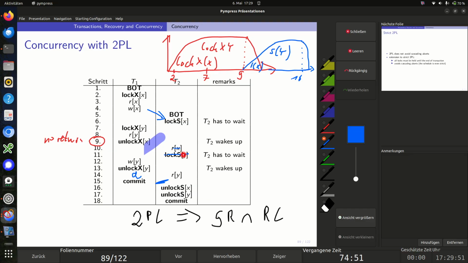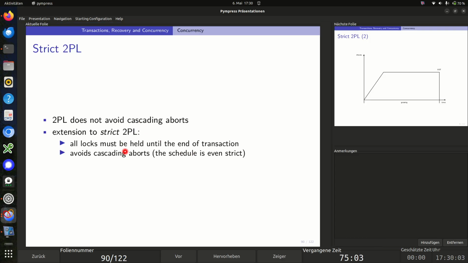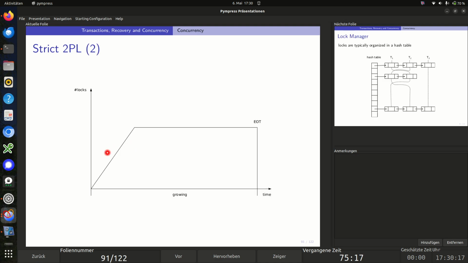The unlocks and the commits must happen at the same time. Until the end of the transaction we hold all the locks, and then the commit is done at the same time as we unlock, and then we can avoid cascading aborts. This would be strict two-phase locking.